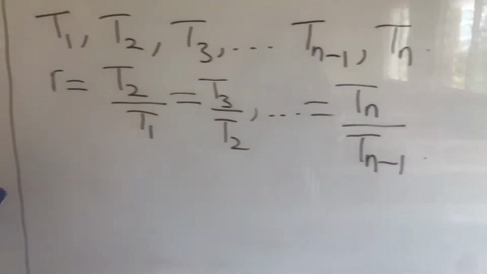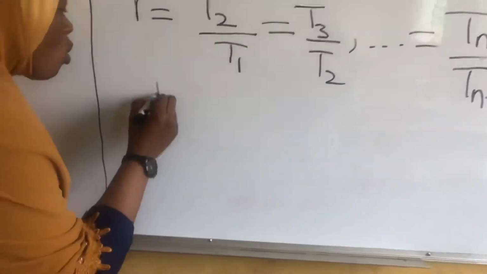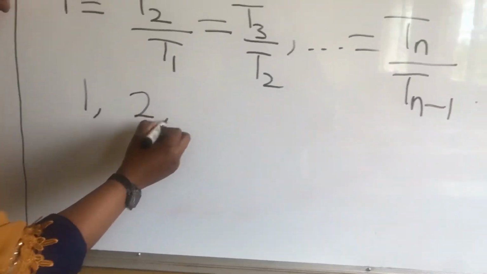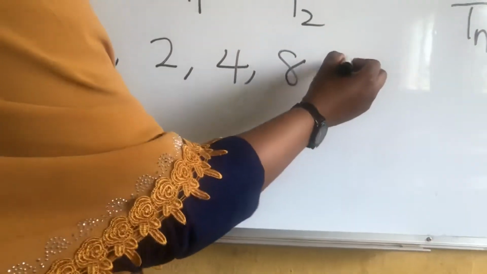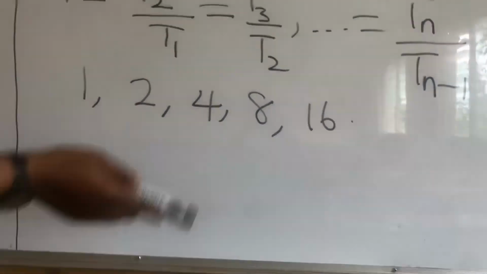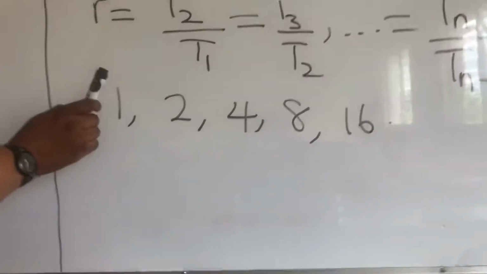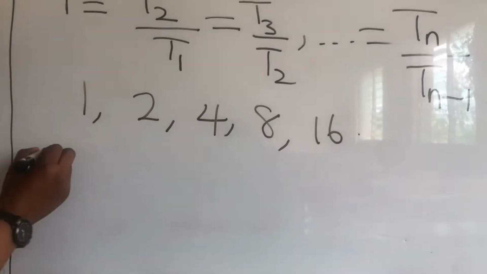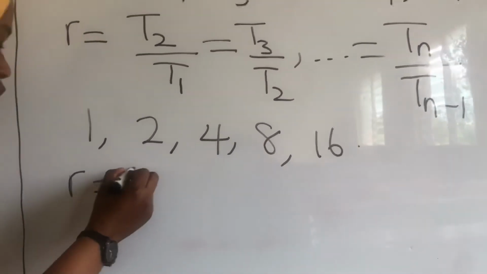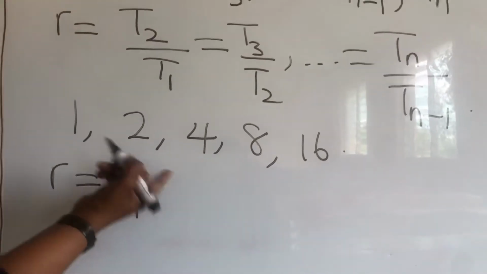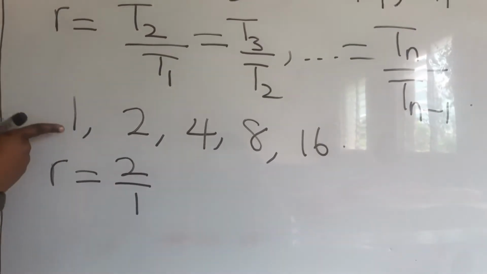For example, if we have 1, 2, 4, 8, and 16. Here, 16 is the last term and a is the first term. If we want to find the common ratio, r is equal to 2 divided by 1, that is the second term divided by the first term.